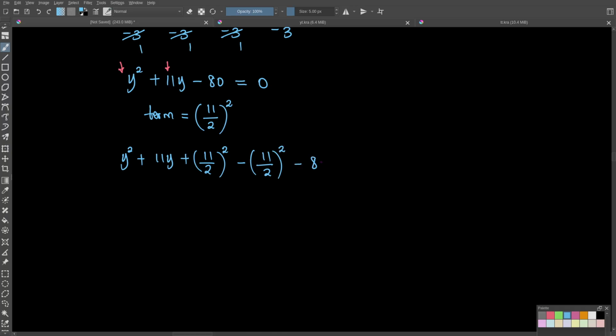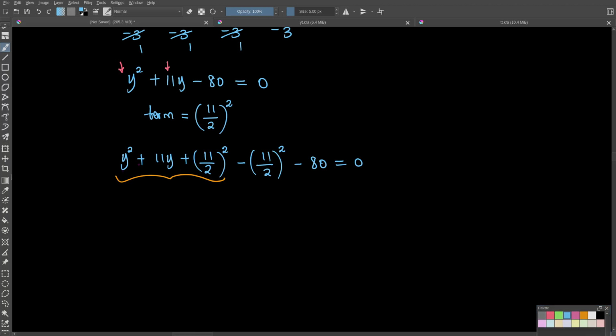Minus 80 is equals to 0. So now you see the net change to our equation is 0 since we have added and subtracted that same term. But what has changed is that you see these first 3 terms, they now form a perfect square, a complete square. This is why the method is called completing the square method.